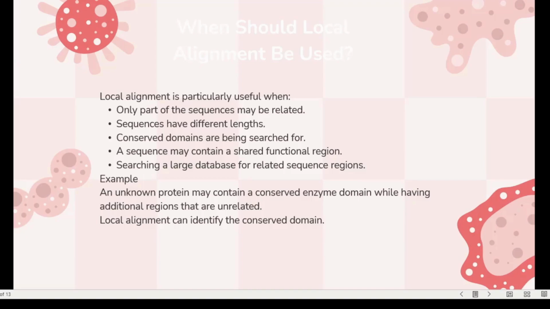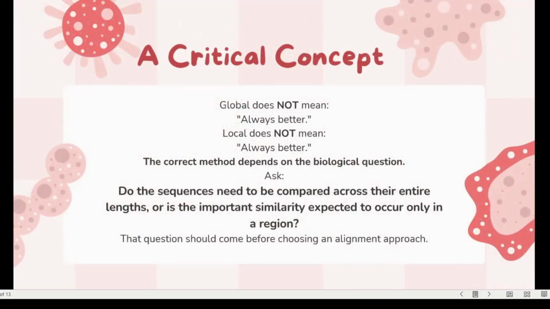Or if you don't know what kind of sequence it is, we can do the local alignment and search against a database to find out what kind of sequence it is. So that is the main idea behind the local alignment.